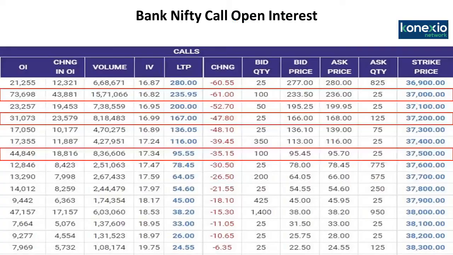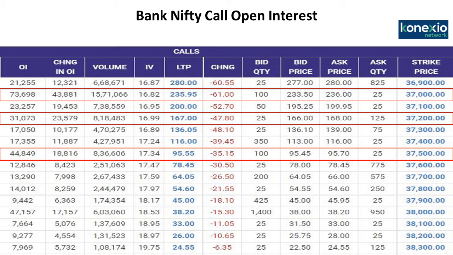Now let us come to the option analysis in Bank Nifty. In Bank Nifty calls, we have seen that the activity in the open interest was seen in 37,000 calls, then 37,200 calls, and 37,500 out of the money calls.